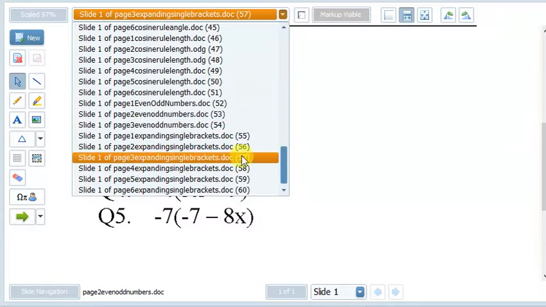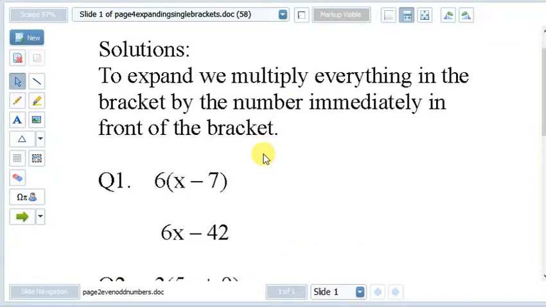Okay, so solutions. Now there's not much working out here. The only working out that I would probably do to show logical thinking is to do the umbrellas really. So what we've got here is we times everything inside the bracket by the number immediately in front of the bracket.